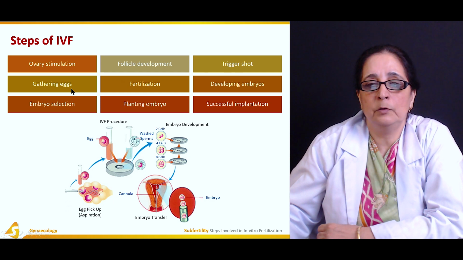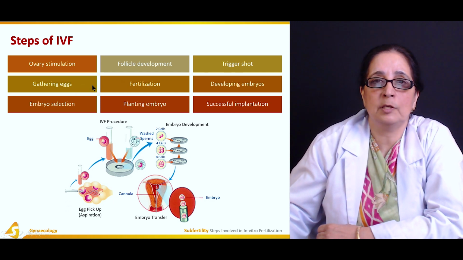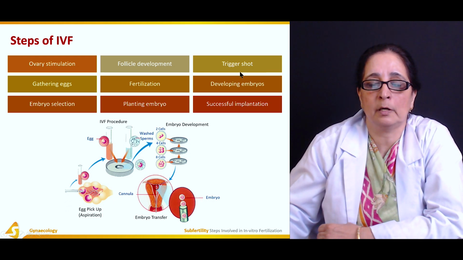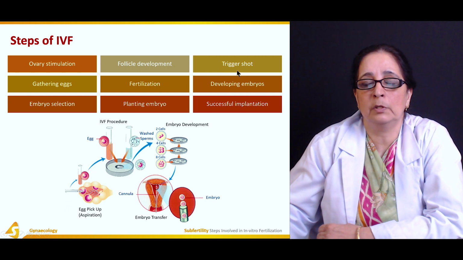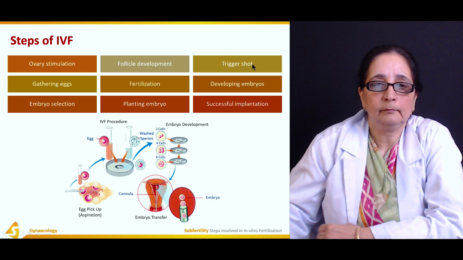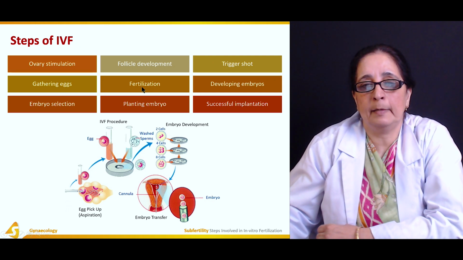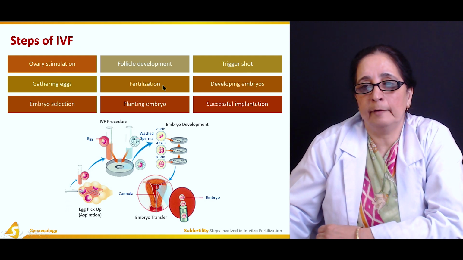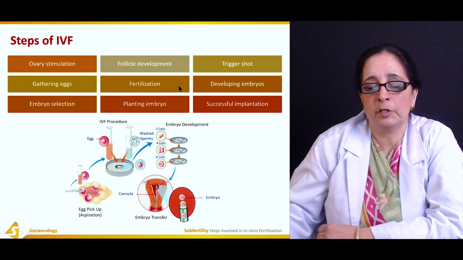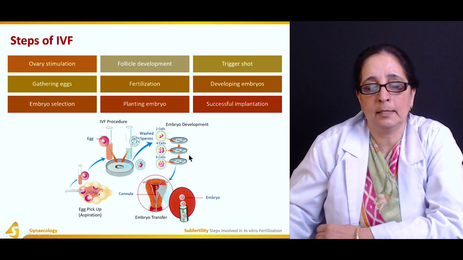The luteinizing hormone surge is after that, where there is ovulation. So with the triggering shot or HCG shot, after 24 to 36 hours there is usually ovulation. Then eggs are gathered, fertilization takes place, and then there are developing embryos, first 2, then 4, 8 cells.